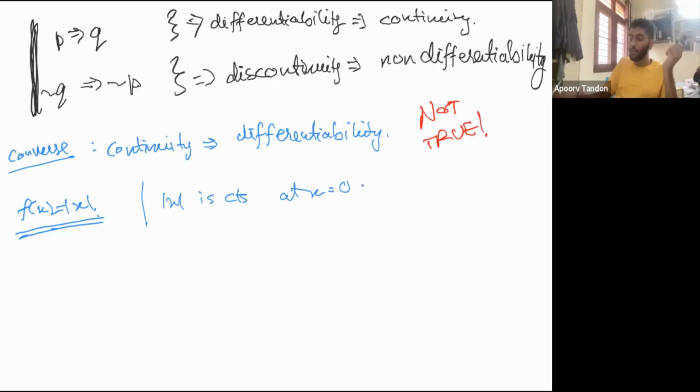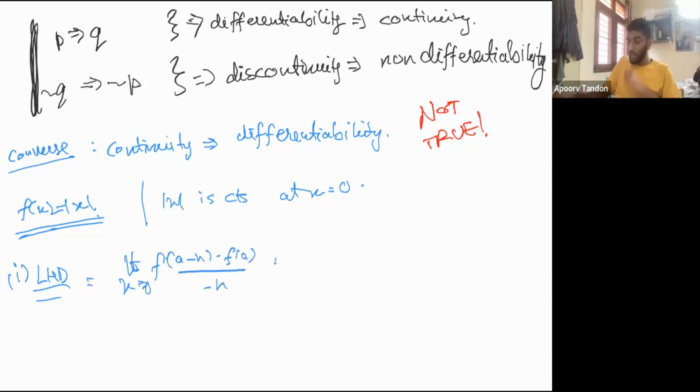Now we have to look at the differentiability of mod x at x equals 0. For that, let's look at the directional derivatives one by one. First being the left-hand derivative. Left-hand derivative, you will remember, is defined as the limit as h tends to 0 of f of a minus h minus f of a divided by negative h.